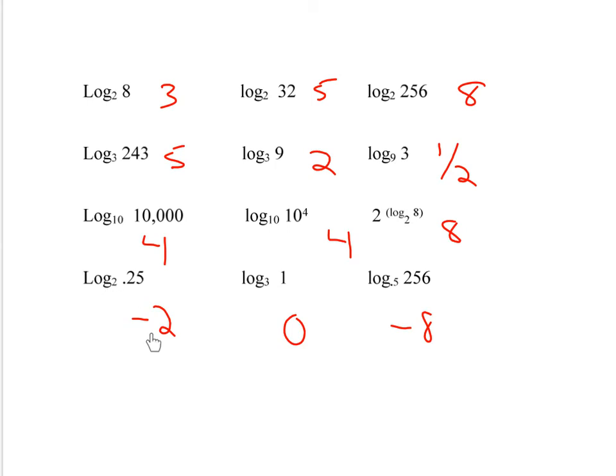Well, that would be 2 to the -2. 3 to the 0 power is 1, so log base 3 of 1 is always 0, or log base b of 1 is always 0, no matter the base. And the last one is -8, because if 2 to the 8th is 256, the reciprocal of 2 is 1/2, so we have to take the reciprocal power. So 1/2 to the -8 is 256.